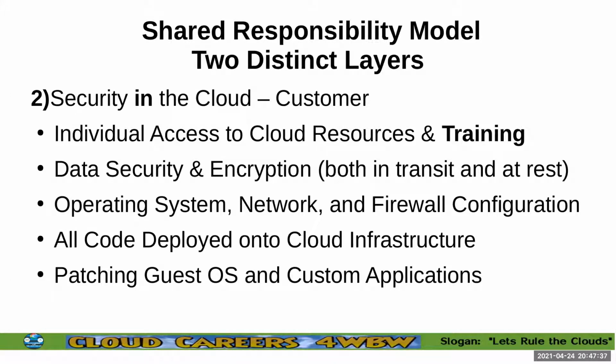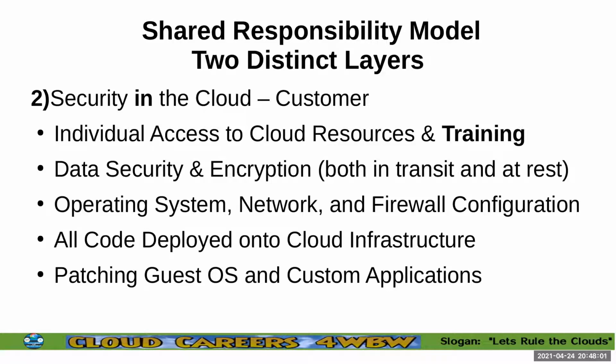Then data security and encryption, both in transit and at rest. Yes, we've talked about trying to ensure that data is encrypted. That's why we have different encryption models that we've mentioned sometime earlier. That's supposed to be handled by the customer. Then operating system, network and firewall configurations.